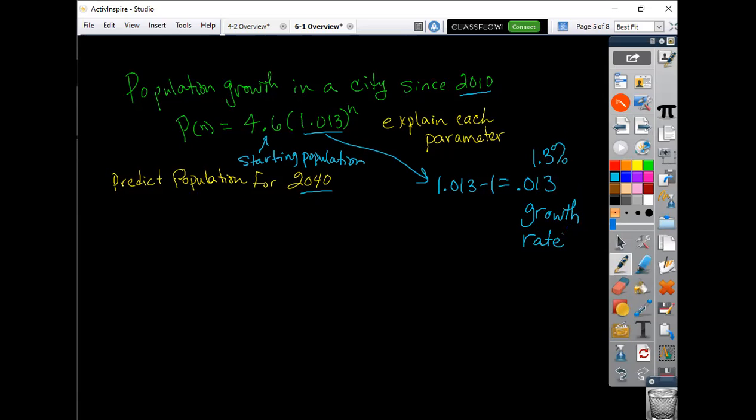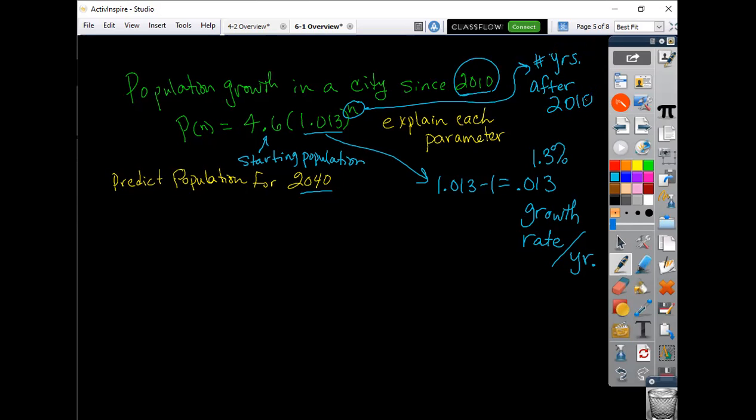And I believe, I don't know if it says exactly, but since we're talking about 2010 and then 2040, I think it's implied that it's the per year or annual growth rate. And then the exponent n is just the number of years it is after 2010. So this n, the number of years after whatever they tell you in the problem, which in this one it said 2010.